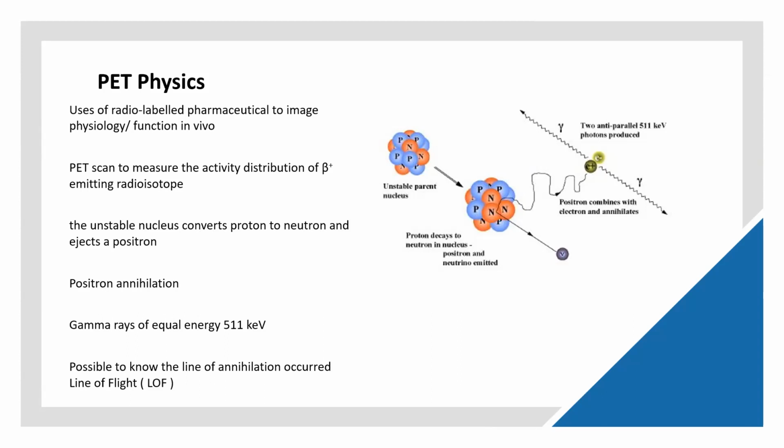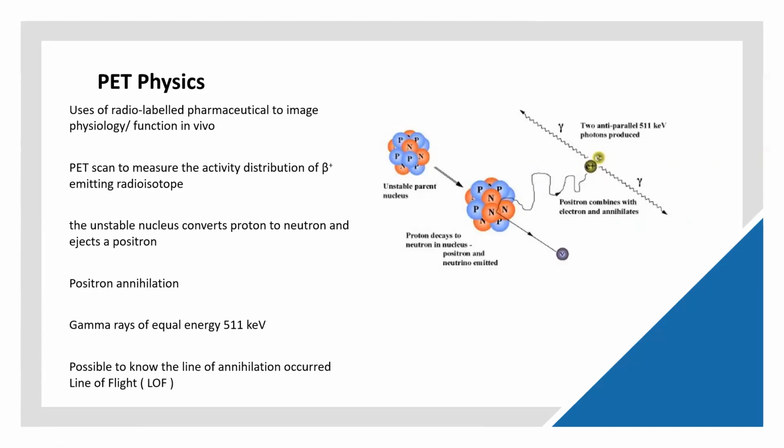Once emitted, the positron will have a number of interactions with the neighboring nuclei, losing energy on its path. Eventually, it will interact with an electron, and annihilation will happen. We will have two gamma photons, with 511 kilo electron volts, at 180 degrees.